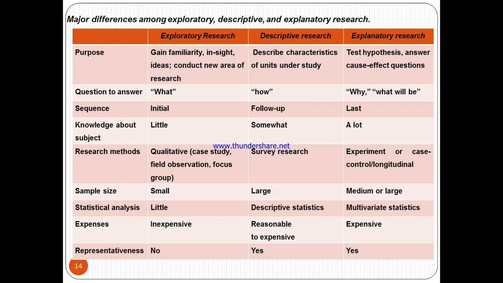And when you look at representativeness, exploratory research is made for exploration purposes, for getting new ideas, so it has low representativeness. Descriptive research, since its sample size is large, has high representativeness. In explanatory research, the representativeness is good.